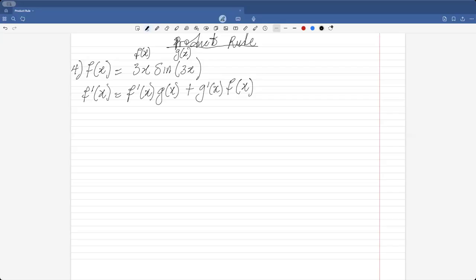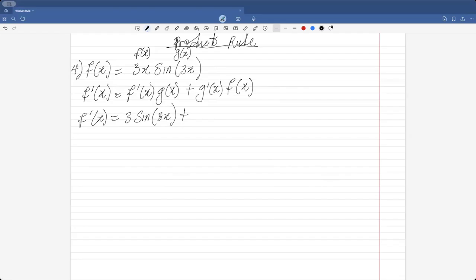So the derivative of f(x), which is 3x, is nothing but 3 sine 3x plus, what is the derivative of sine 3x?